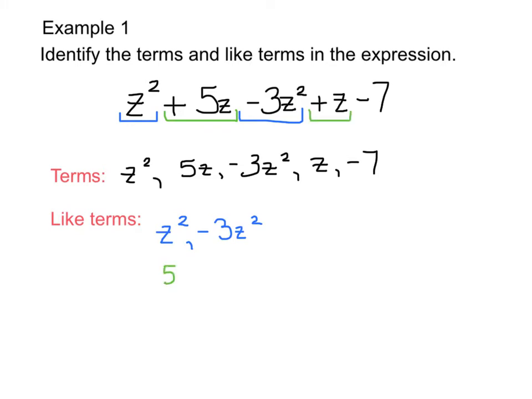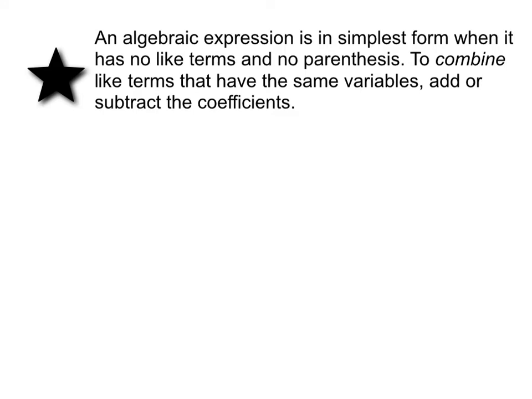So we have a 5z and a z, which are also like terms. And then the negative 7 is just kind of by itself. There are no like terms that go with negative 7. So we've identified our terms and our like terms within this expression. All right, now this is another important concept here.